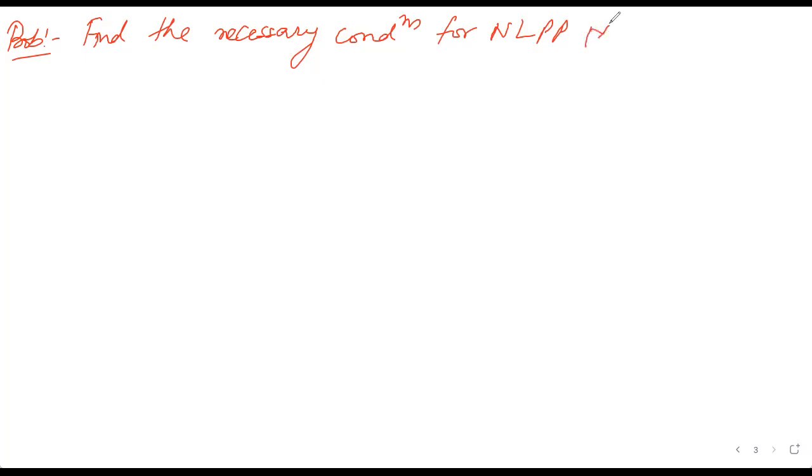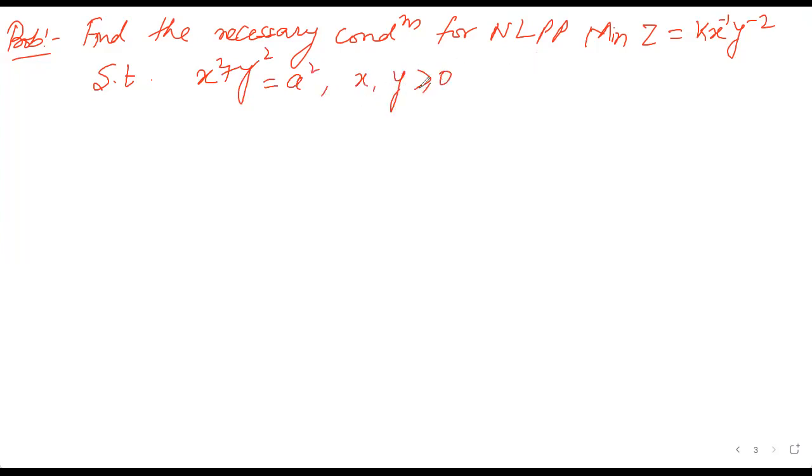Minimize z is equal to k x inverse y to the power minus 2. ये फंक्शन गिवन है k some constant, x, 1 upon x और y square इस फॉर्म में, subject to the constraint x square plus y square is equal to a square, where x, y they are of course non-negative restriction is there, and hence find the minimum value of z.